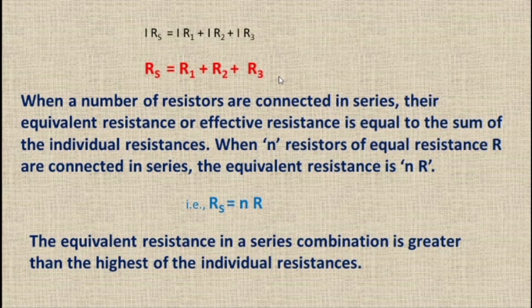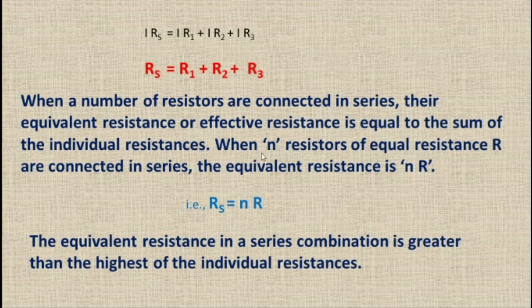This is a very important equation. When resistors are connected in series, the effective resistance RS is equal to R1 plus R2 plus R3, where R1, R2 and R3 are the resistance values of the first, second and third resistors.